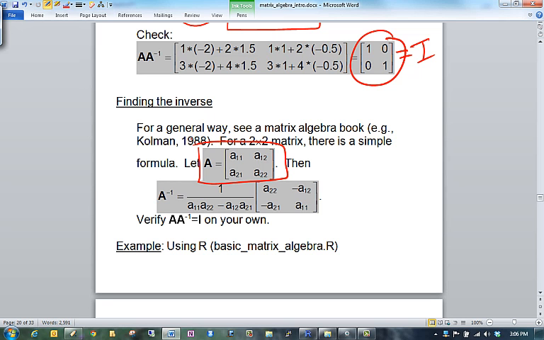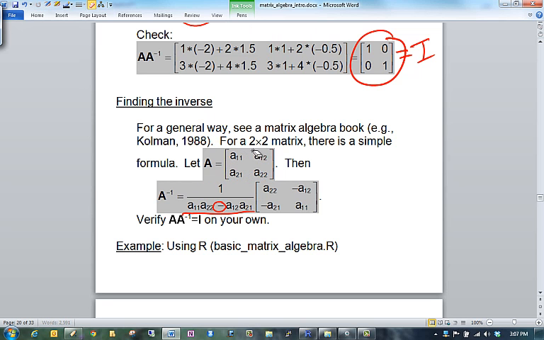A inverse then is as follows. Out in front, I have this constant where I'm going to take the diagonal elements, multiply them together, so A11 times A22, and then I'm going to subtract the multiplication of the off-diagonal elements, A21 and A12.